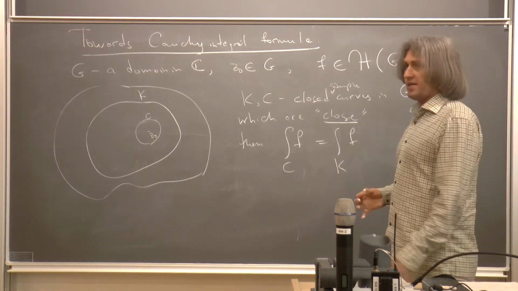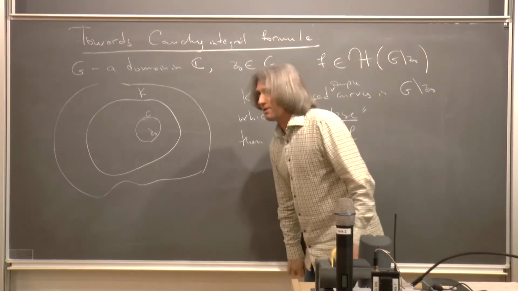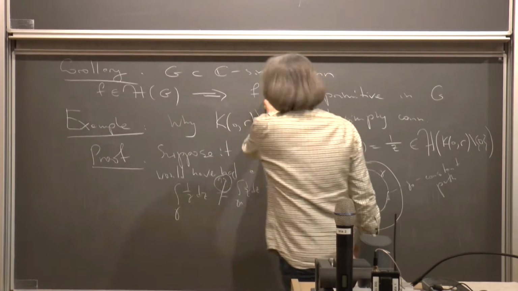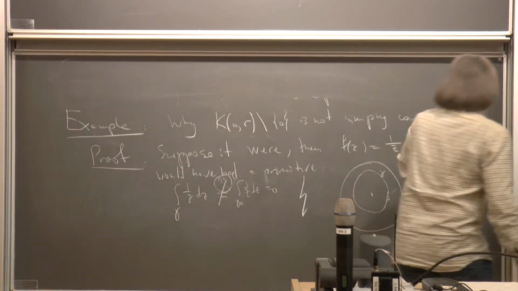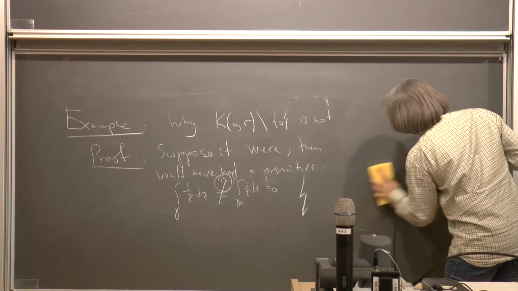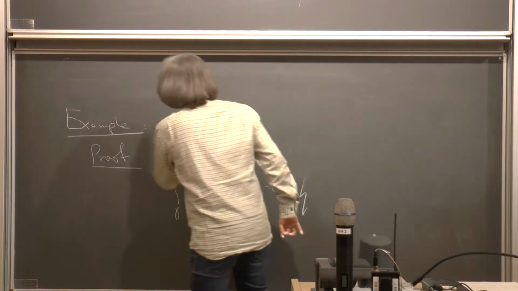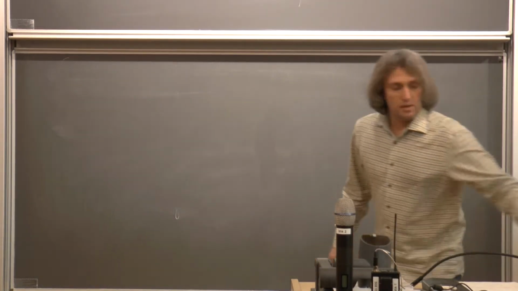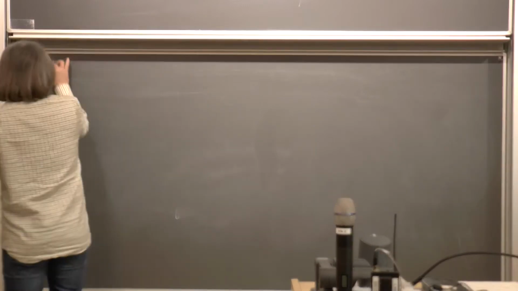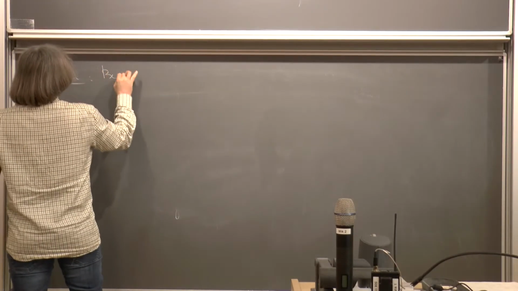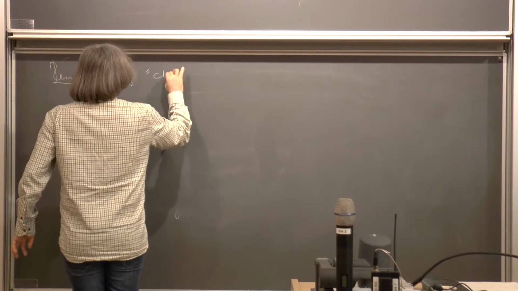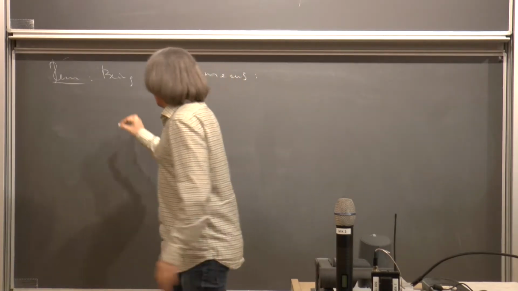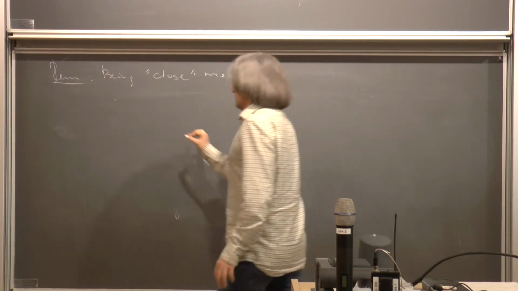Here it's not a mathematical word, it's a meta-mathematical word, but it will be a technical condition. Remark: being close means, first of all, let's say that they are oriented in the same way.